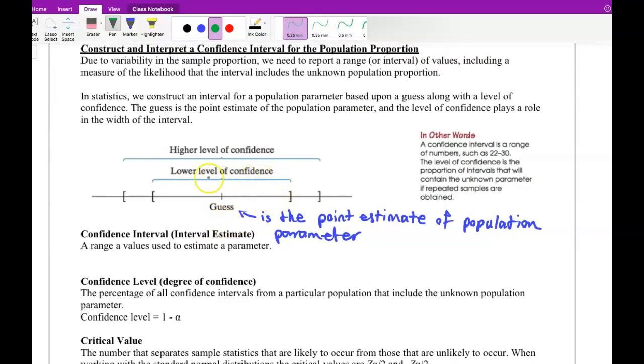And here we have a lower level of confidence, and this interval is a higher level of confidence.